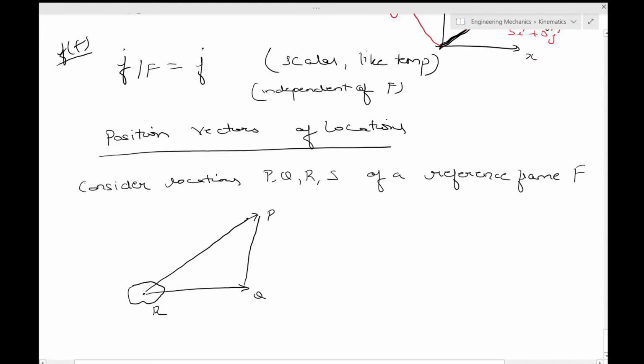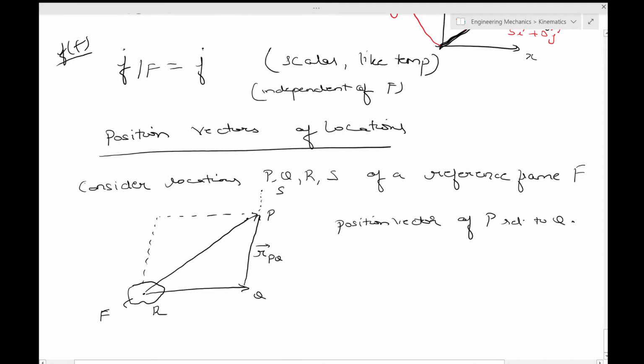This is P, and then you have S. Now this is the frame F. So the position vector of P relative to Q is denoted by RPQ.